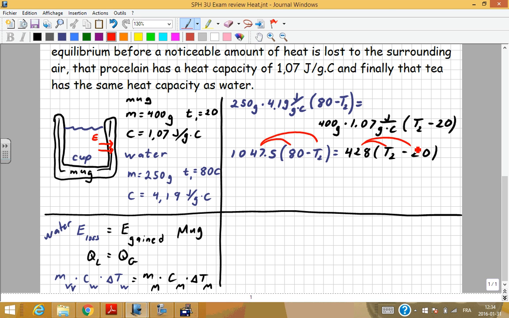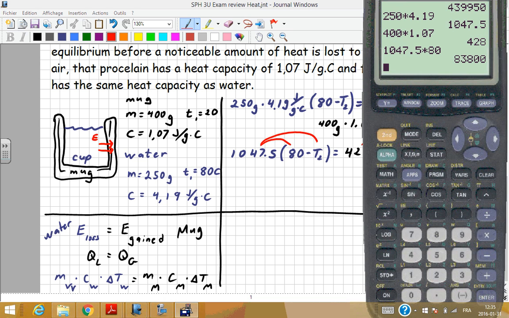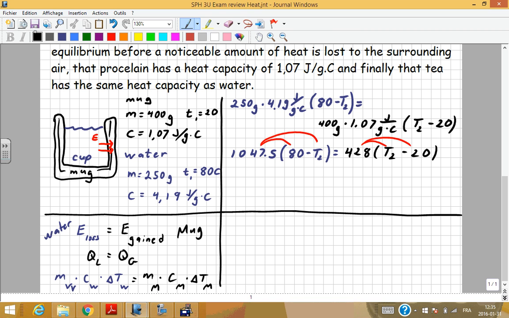You have to multiply both same things. So I have to do 1047.5 times 80. 1047.5 multiplied by 80 gives us 83,800. I forgot the last part.